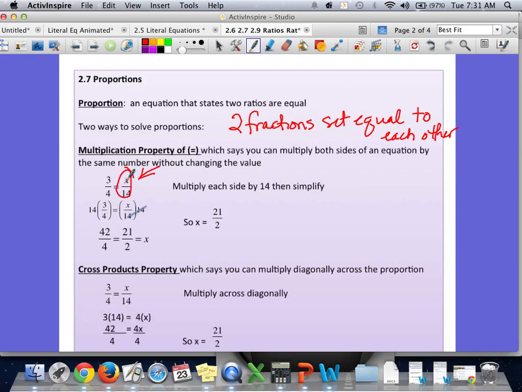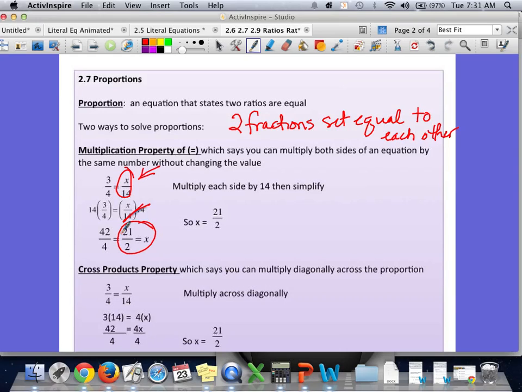If we want to solve for x, that's division of 14, so we need to undo that by multiplying both sides by 14. When we do multiply both sides by 14, the 14's cancel over here and leave x. 14 times 3 is 42 divided by 4, and that simplifies to 21 divided by 2. Don't forget your calculator will do the simplification for you. Just hit math, enter, enter.